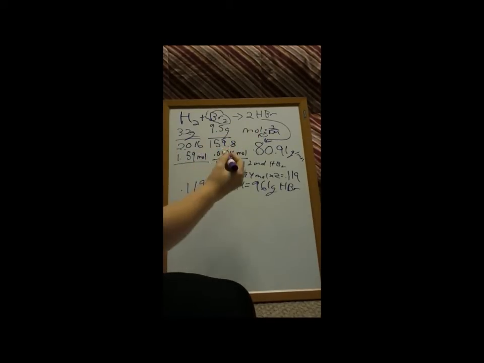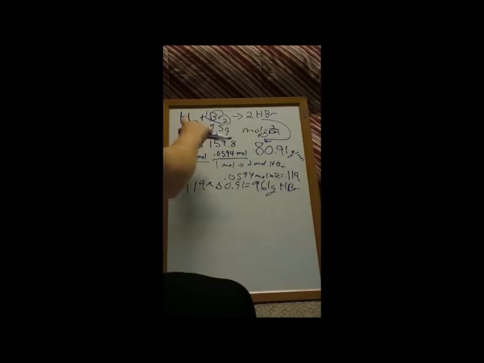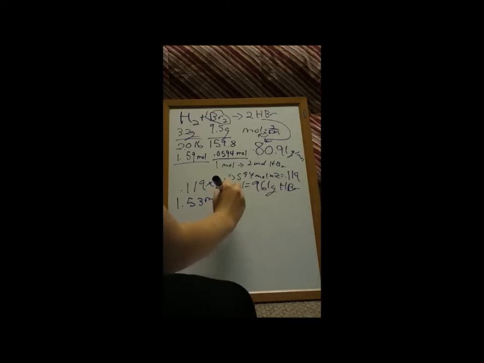So we're going to subtract the 0.0594 moles from the 1.59, because since we know that the molar ratio is equal, since we only use this many moles of Br2, we're only going to use this many moles of H2. So when we subtract them, that will be our excess, and that's 1.53 moles H2.